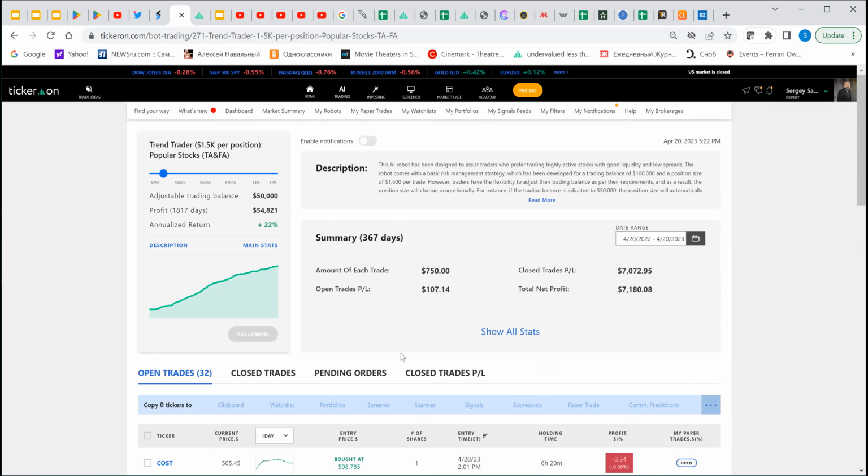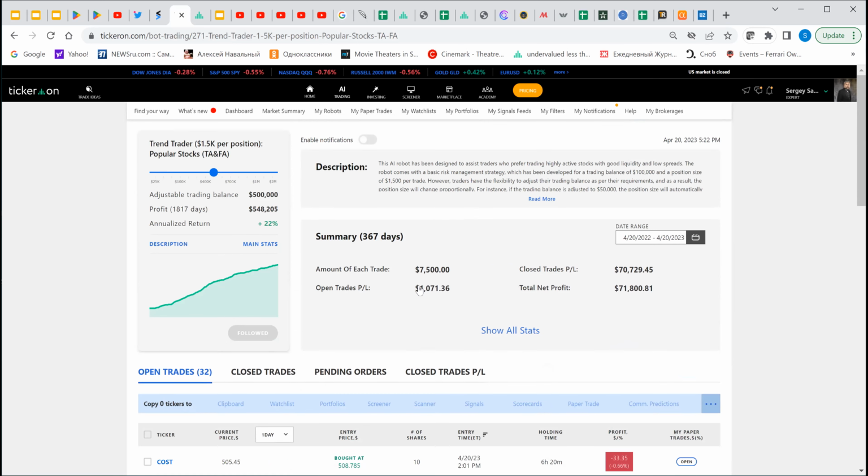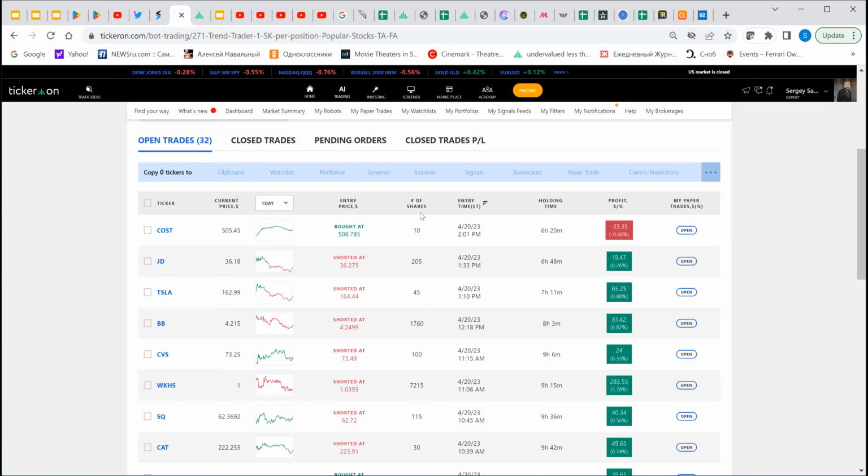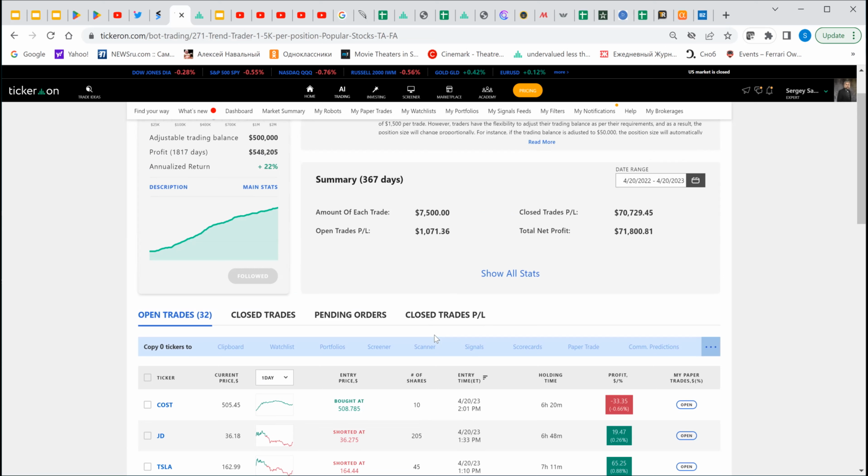Okay. So let's assume you are trading 500,000. Now this is going to be 7,000 per trade, and all the statistics, and what is important, the number of shares which is supposed to be calculated, is right here.